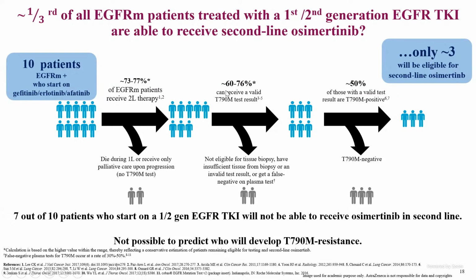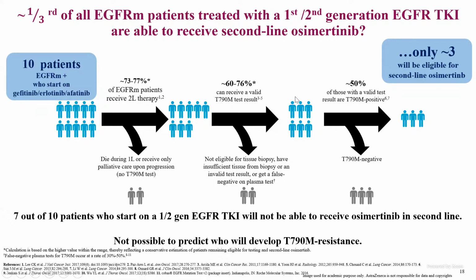Here 60 to 70% can receive a valid T790M test result, and again 2 are not eligible because of tissue biopsy. They are not eligible for tissue biopsy, or they have an insufficient tissue biopsy or invalid test result, or get a false negative plasma test.